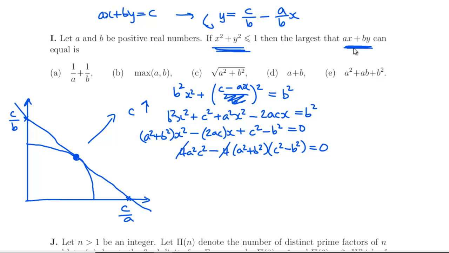I'll get rid of the 4's. So a squared c squared minus a squared c squared plus a squared b squared, then minus b squared c squared plus b to the 4 is 0. So they go.